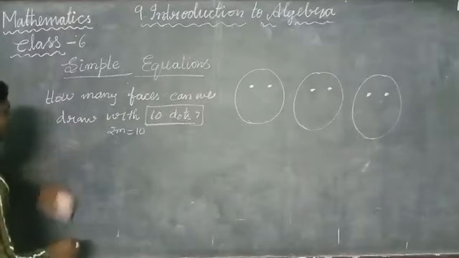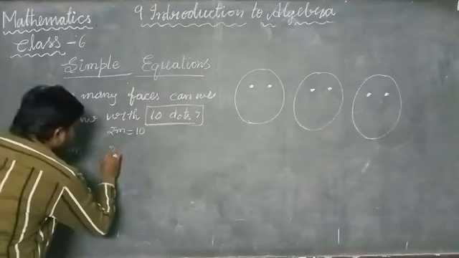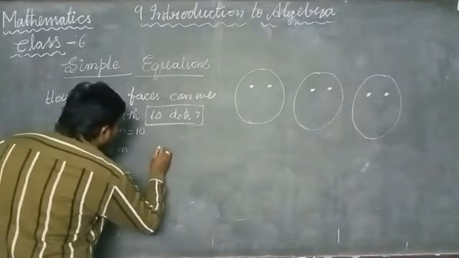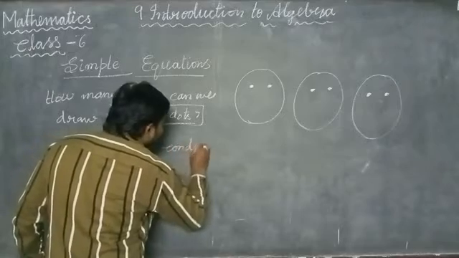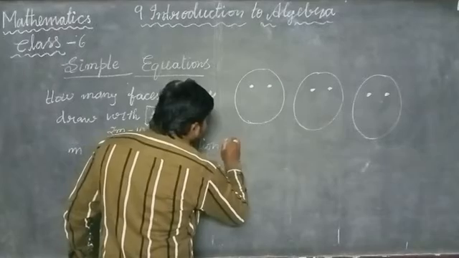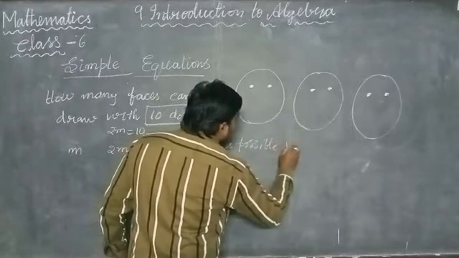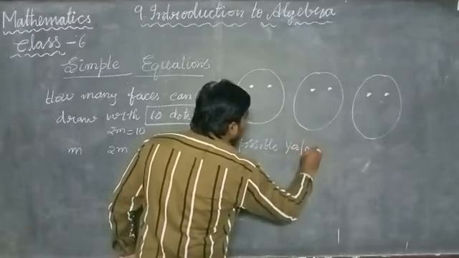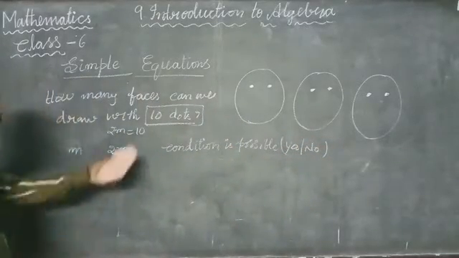Now we have to verify for each value of m whether the condition is possible. Say yes or no. If the condition is possible, then we have to write yes.